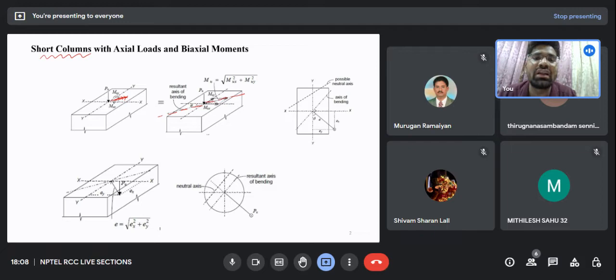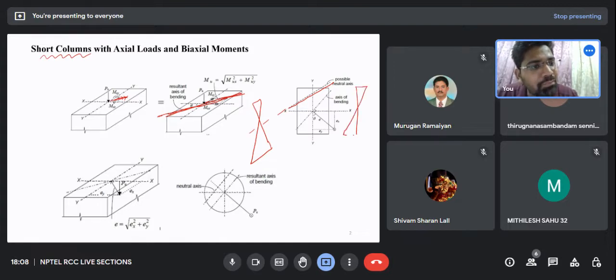It would be very difficult when you take this axis as the axis of bending. If you find the neutral axis along this bending axis, then the neutral axis will be something like this. And now when you draw the stress diagrams, it would be more complicated, something like this. It would not be the one which we have studied, which is parallel to this major axis.